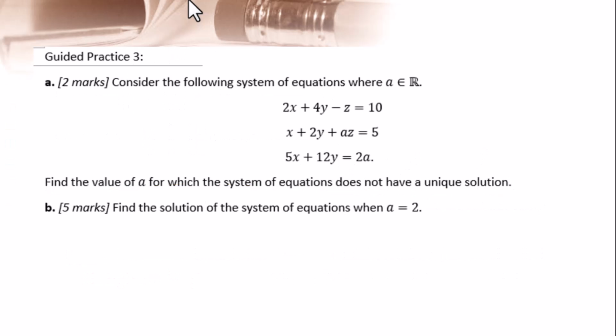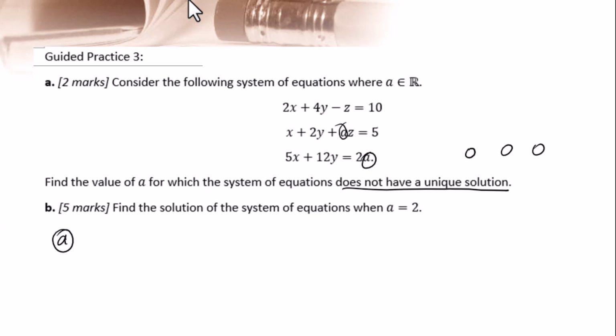For example, consider the following system of equations where a is a real number. Find the value of a for which the system of equations doesn't have a unique solution. Doesn't have a unique solution, which means we need 0, 0, 0 for one row of the augmented matrix.